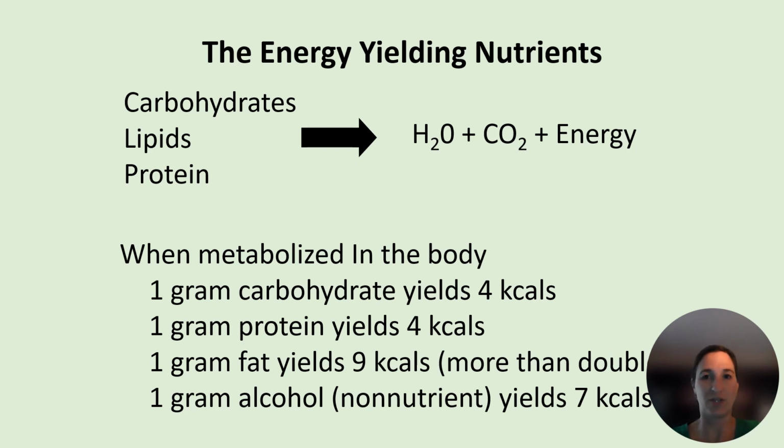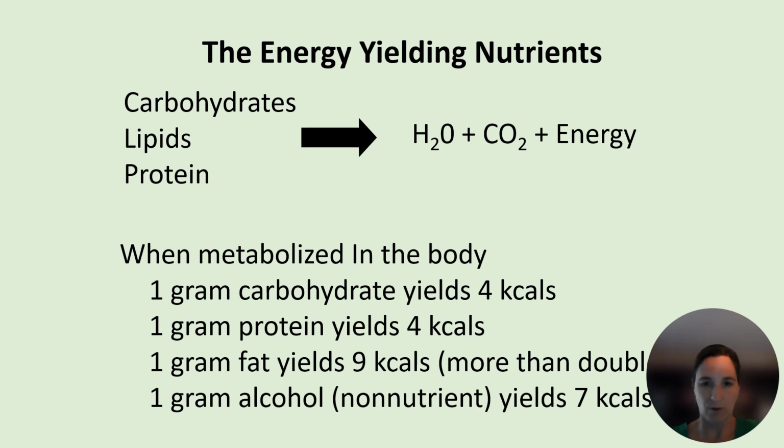So this is the energy that our body uses. So when these three energy yielding nutrients get metabolized in the body, they yield energy, and this energy is in the form of calories.